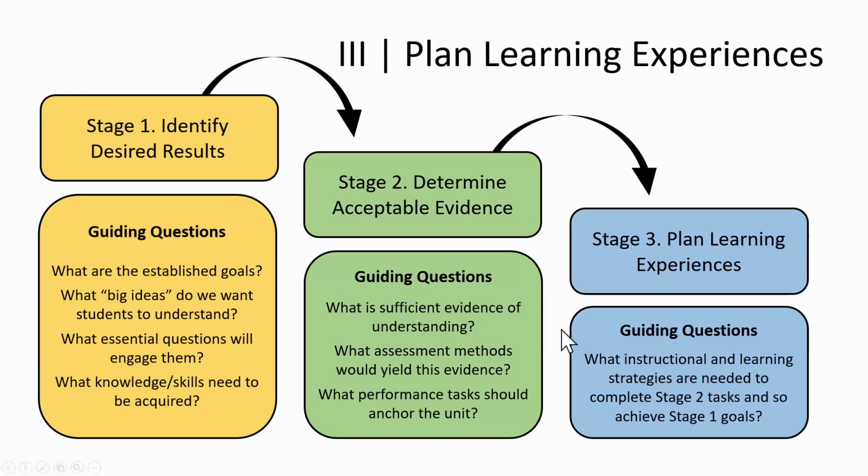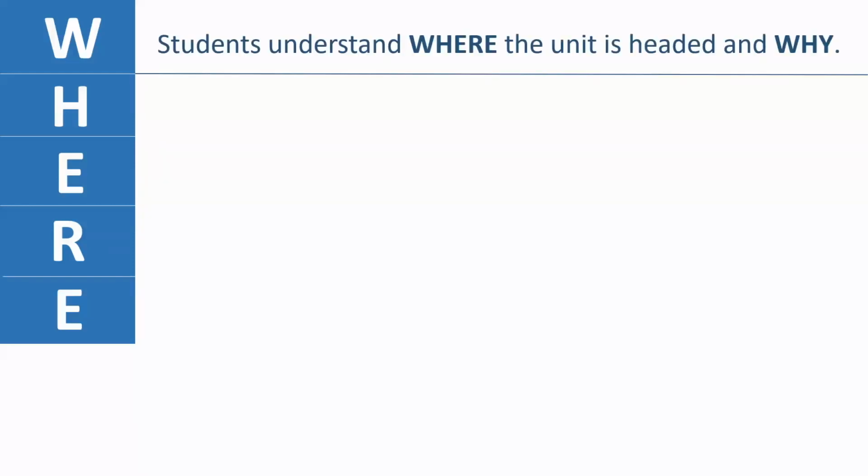And this moves us from chapter 1 in Understanding by Design to chapter 8, where we read about this acronym that can be used as criteria or checkboxes for any discrete learning experience. In any good class, students should understand where the unit is headed and why.